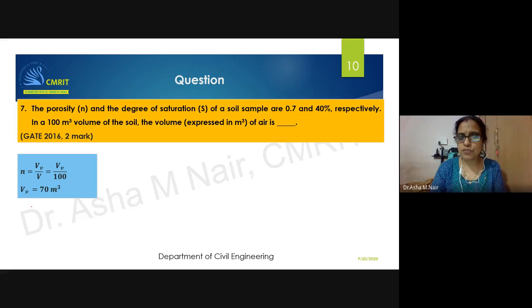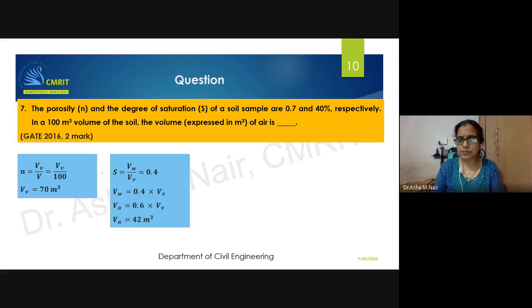Now you are asked to find out what will be the value for air. How do you get the value for air? You know that S, that is degree of saturation, is nothing but Vw divided by Vv, and it is given as 40. But already you got the value for Vv, which is 70.